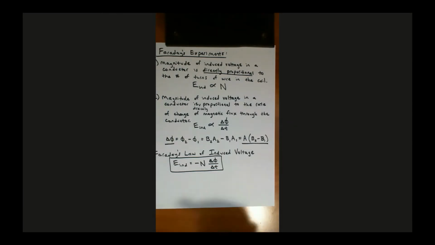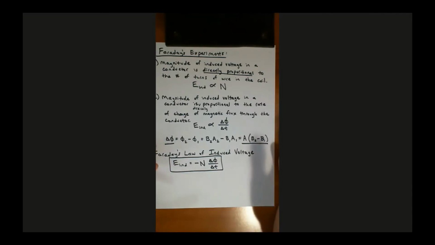And the last one is delta T. Delta T is in the denominator, so if I wanted to make this output larger, then I would need delta T to be smaller, right? If I divide by a smaller number, then my output will be larger. So what that means is the amount of time that it took for my magnetic field to move relative to my coil of wire, or vice versa. So how fast I was moving them.